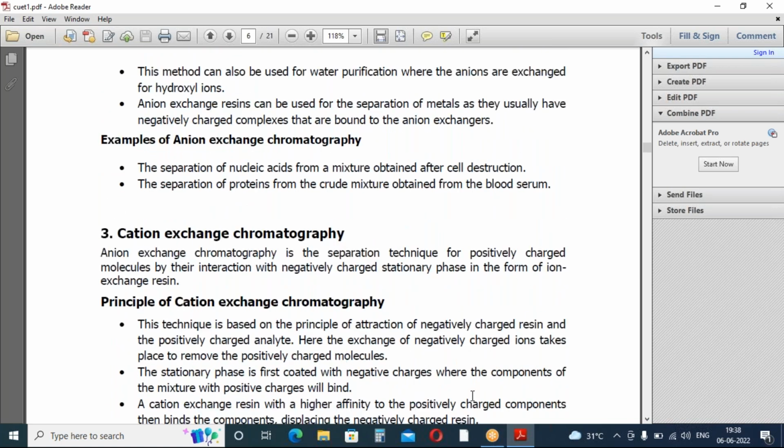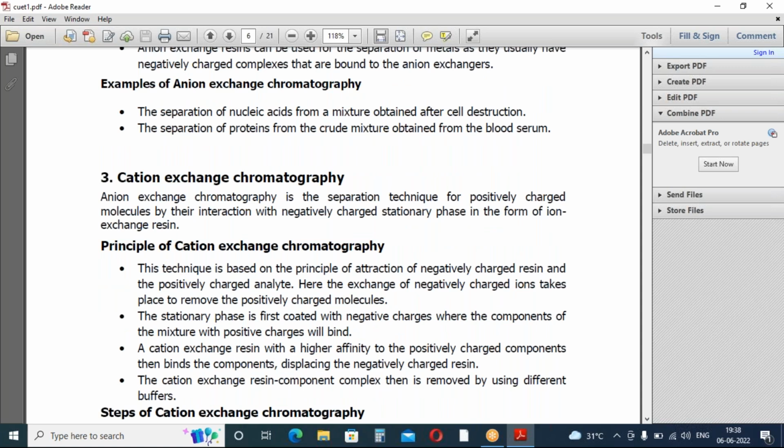which causes the separation of positively charged molecules. The stationary phase should first be coated with the negative charges, where the components of the mixture containing positive charges will bind. After that, the cation exchange resin component complex can be removed by using different types of buffers and different compositions.